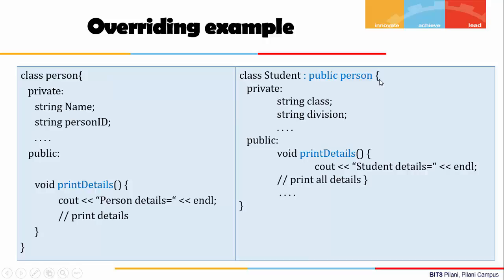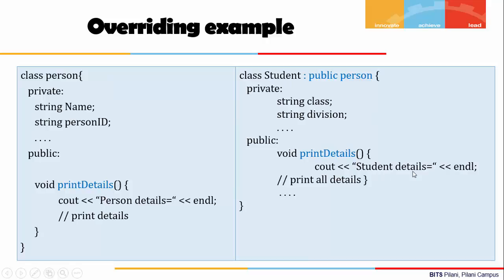This is the derived class Student from class Person. It will inherit all the functions of this class. So this class also has the function printDetails. The derived class also has the same function. So whenever this function is called in this class Student, it will print student details.